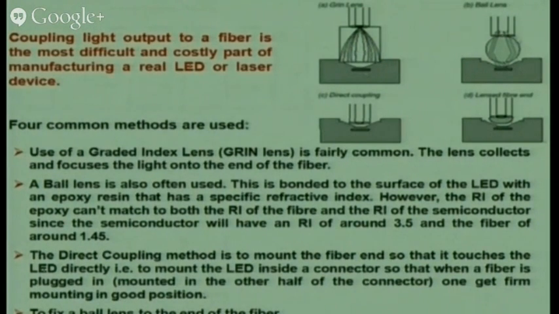There are 4 ways that one can couple this light output to the outside fiber. Using a grin lens, which is a gradient index lens, the light coming out of this junction is focused through a refractive index profile media, or a lens, to the fiber output. Or I can use a spherical ball to couple the light output to the fiber, or I can directly push the fiber to the junction area, wherein I can couple the maximum light, or I can create a lens at the fiber end itself.